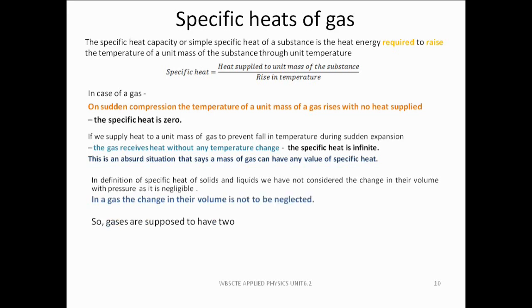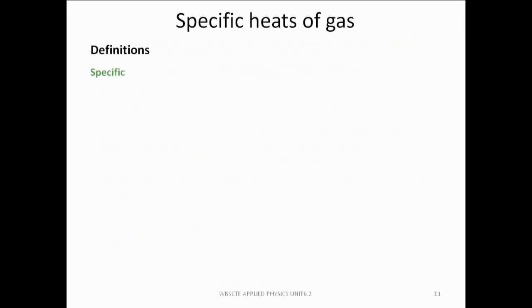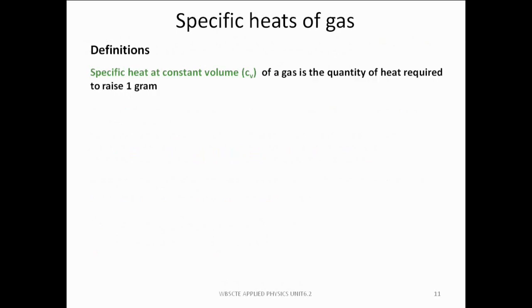So gases are supposed to have two specific heats: specific heat at constant volume Cv and specific heat at constant pressure Cp. Definition of specific heats. Specific heat at constant volume, that is Cv, of a gas is the quantity of heat required to raise 1 gram of the gas through 1 degree Celsius, keeping its volume constant.